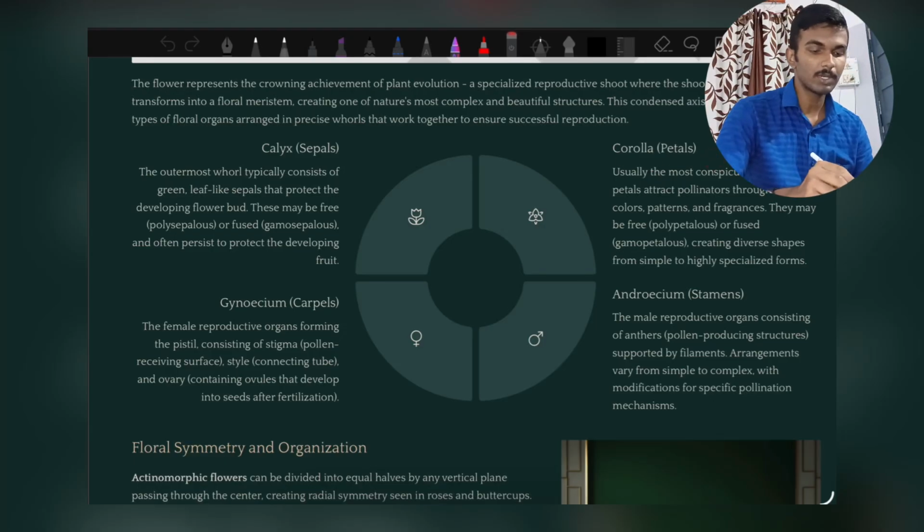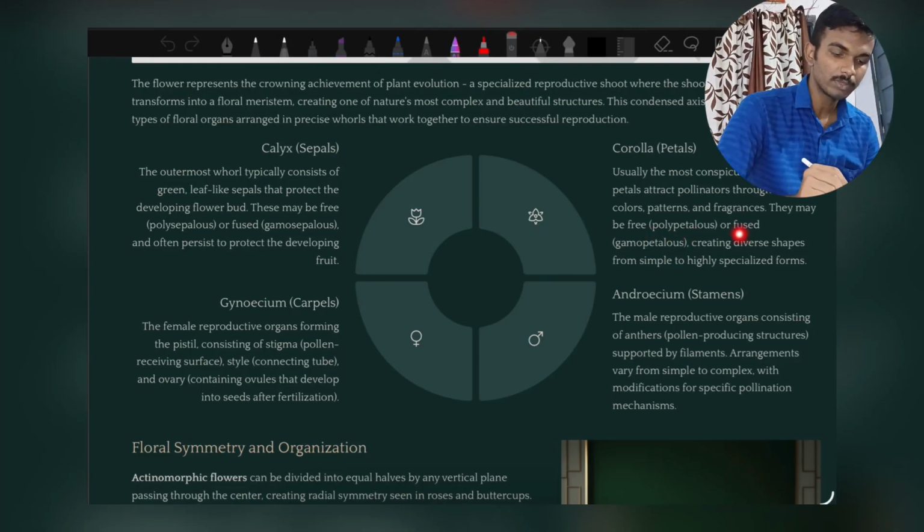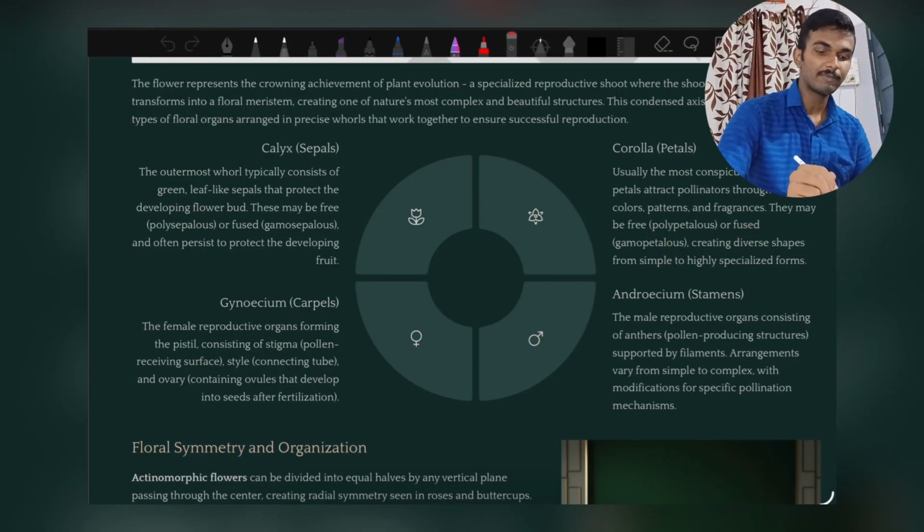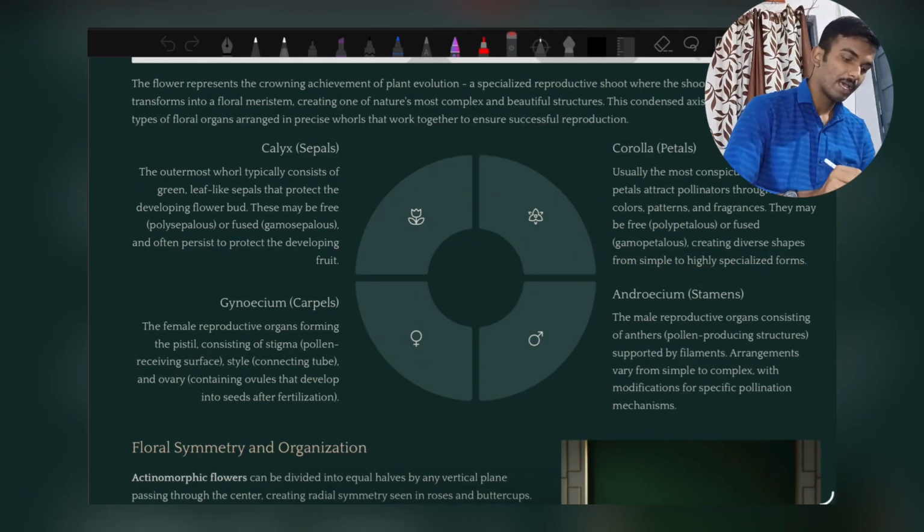Corolla petals, usually the most conspicuous whorl. Petals attract pollinators through bright colors, patterns, and fragrances. They may be free, polypetalous, or fused, gamopetalous, creating diverse shapes from simple to highly specialized forms.